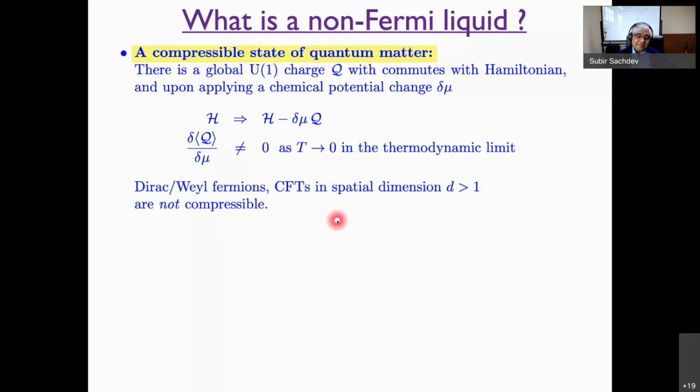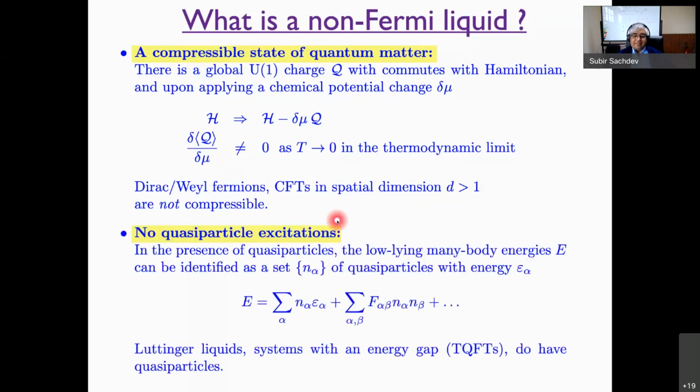So that's characteristic 1. Characteristic 2 is that the usual Landau Fermi liquid description, which I think is most generally stated in systems with or without disorder, is that the low-energy many-body eigenstates cannot be identified approximately in terms of a set of quasi-particles.